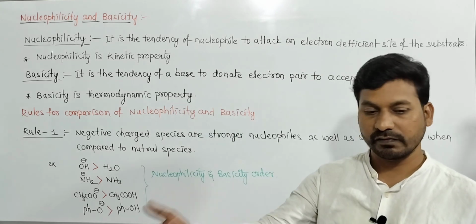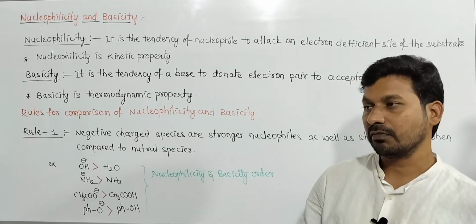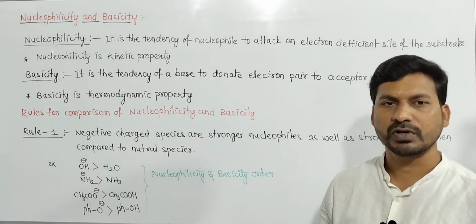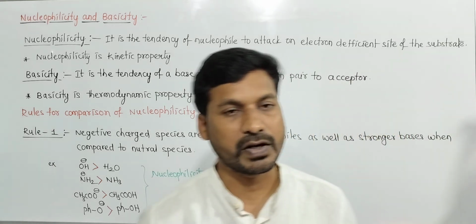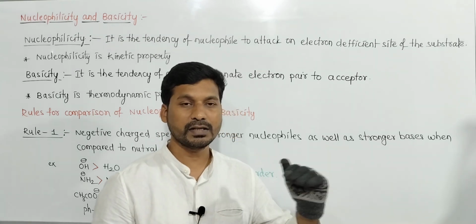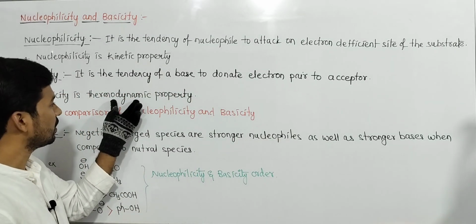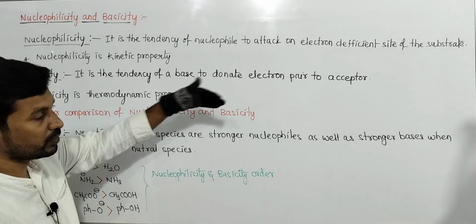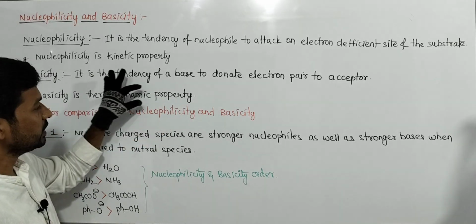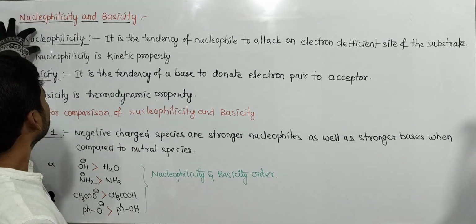Some bases release more energy, whereas some release less. If basicity is more, more energy is released; if basicity is less, less energy is released. Thus basicity is a thermodynamic property.